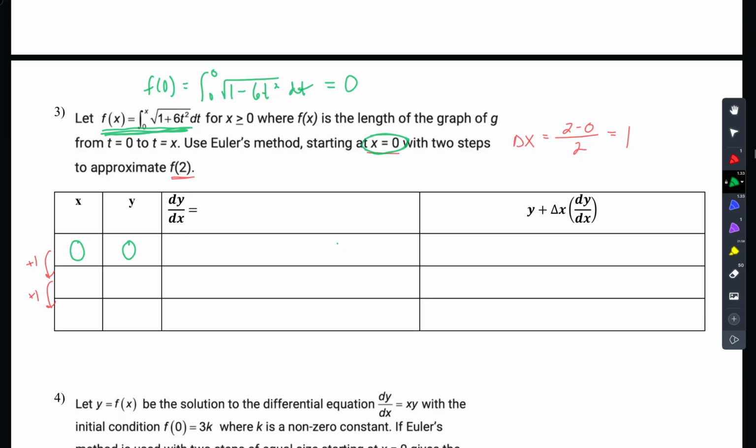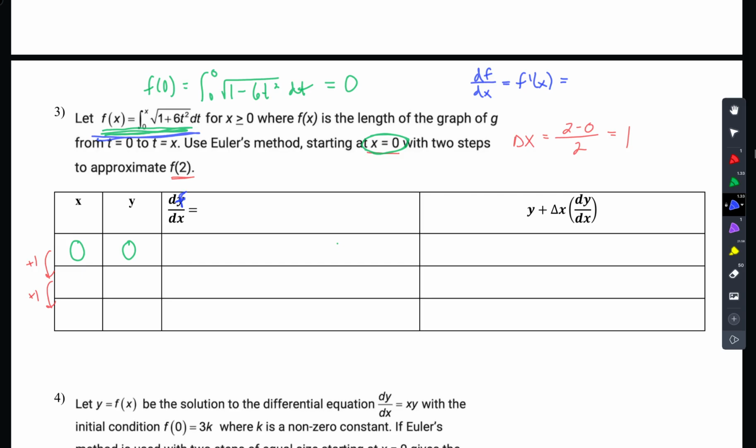Okay, the derivative. This is also fun because it's not given. You're taking a derivative of this thing. If I need to find df dx, that's the same thing as f prime.